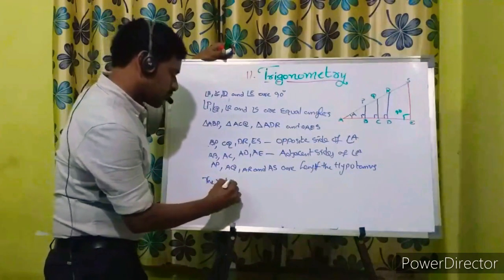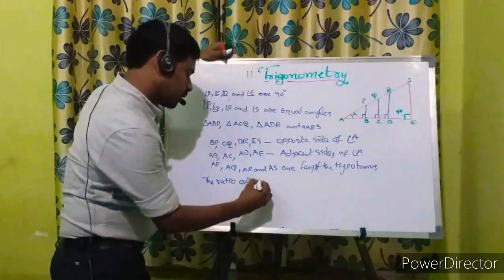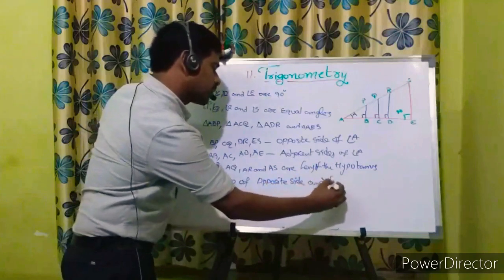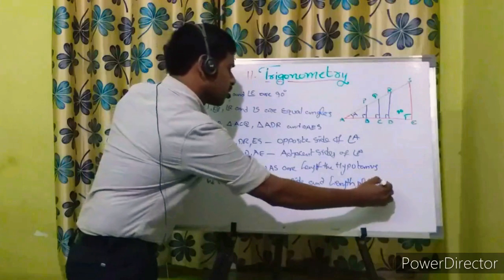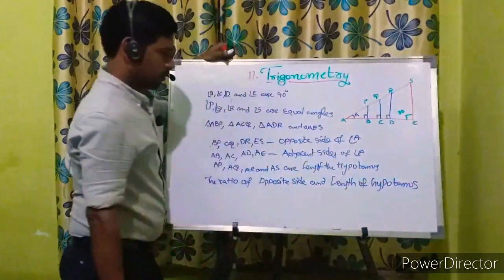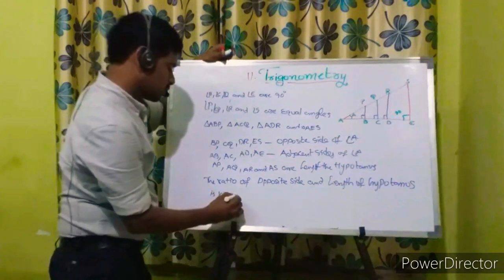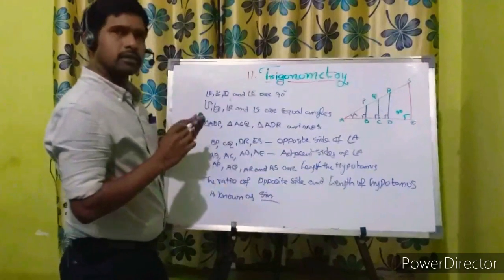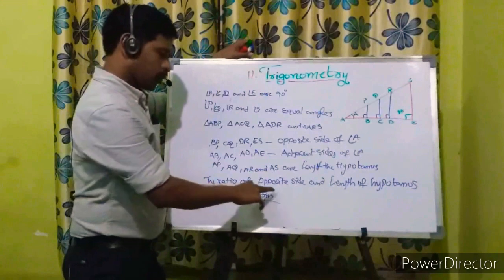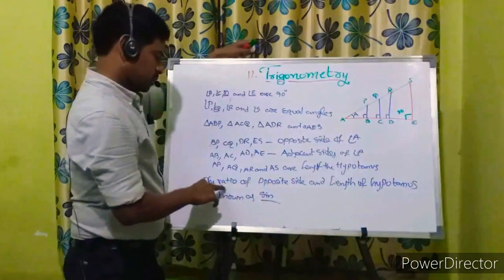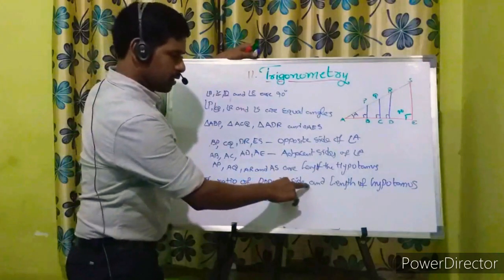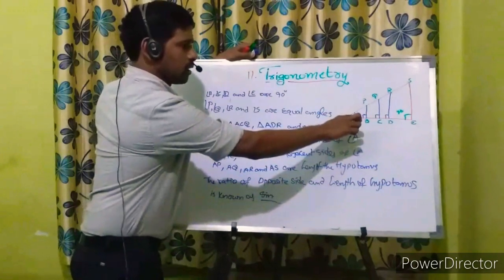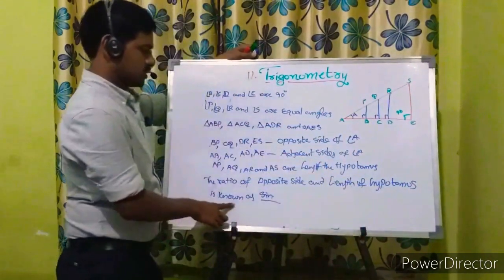The ratio of the opposite side of the angle and the length of the hypotenuse is known as sine. Which opposite side? The opposite side of the angle, and the length of the hypotenuse, is known as sine.